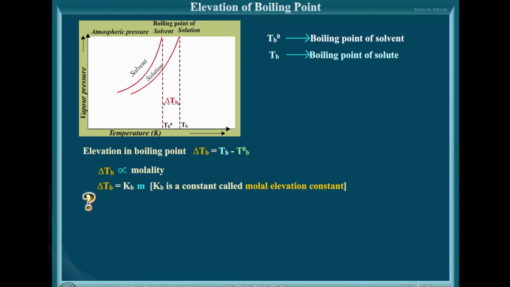Once again, when molality is 1, delta TB is equal to Kb. The value of Kb depends only upon the solvent and is independent of the nature of the solute and the concentration of the solution.